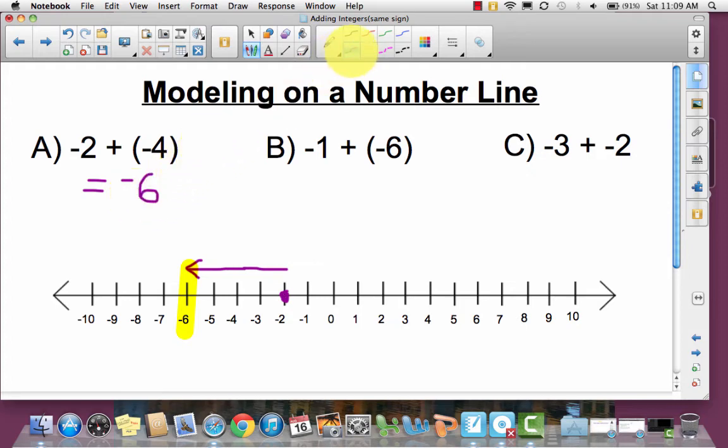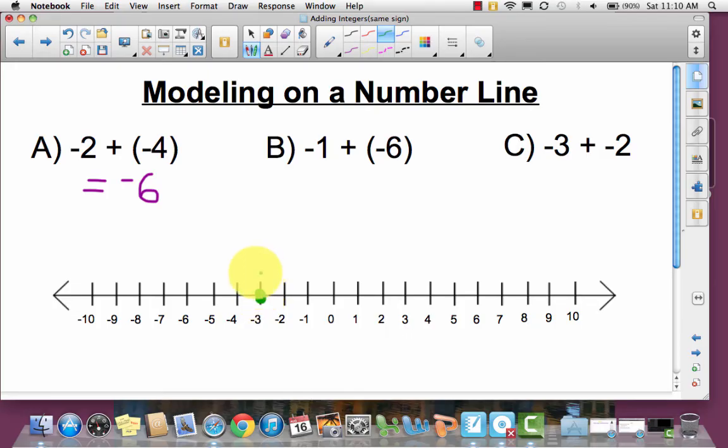And let's try example C here. We'll do this one in green. So I'm going to erase all this actually, so we have some space. So in example C, I have a -3, so I'm going to go to -3 on my number line. And I'm adding a -2, and again, a negative number will always move to the left.